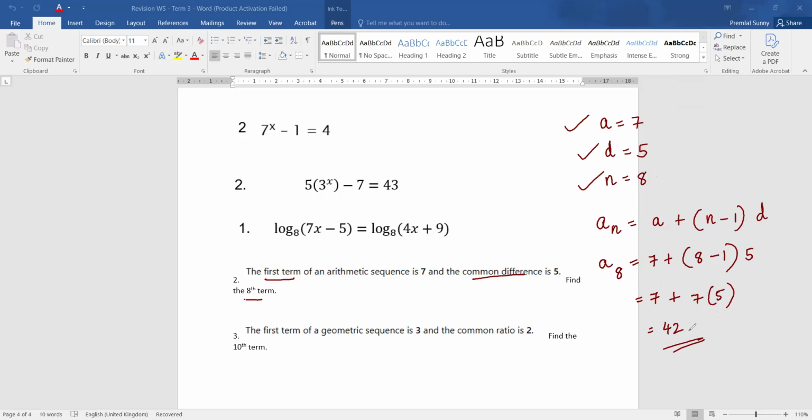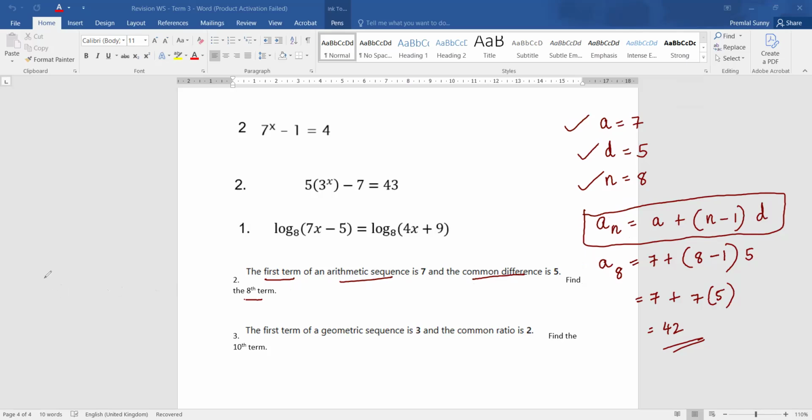That is the final answer. Simple as that. So you just need to know this formula to find the nth term of an arithmetic sequence. The first term, the common difference and the number of terms are given in the question. Substitute and get the answer.